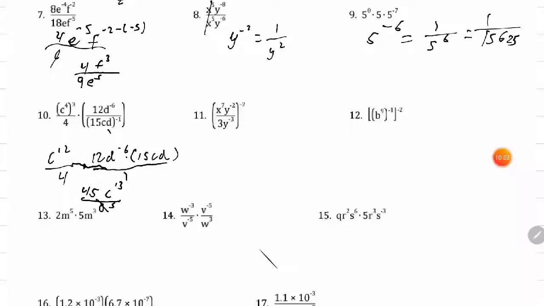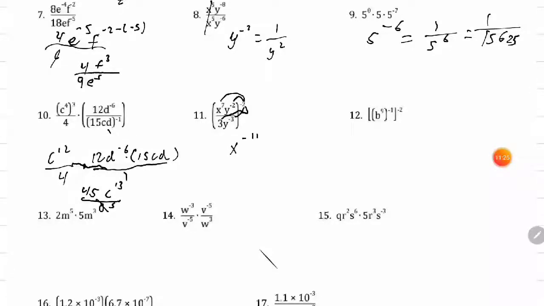All right. Next up, number 11. X to the... So everything in here is getting distributed. So that goes to the top, the numerator and the denominator. Okay. So I'm going to rewrite it. So since it's to the exponent, we're just going to multiply everything.